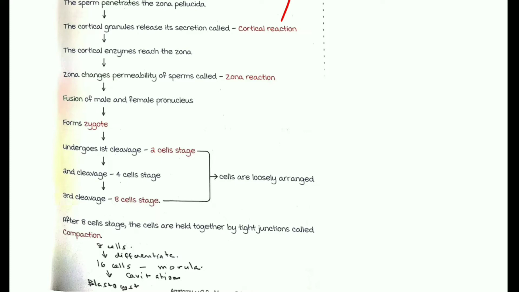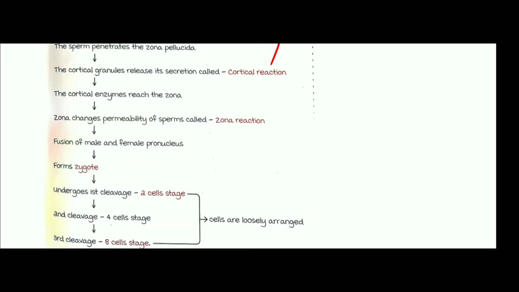This zygote undergoes the first cleavage, then we have the 2-cell stage, then the second cleavage leads to the 4-cell stage, and the third cleavage causes the 8-cell stage. Up to the 8-cell stage, these cells are loosely arranged, but after the 8-cell stage, compaction takes place.